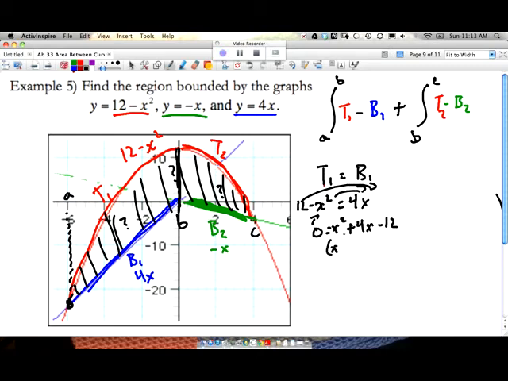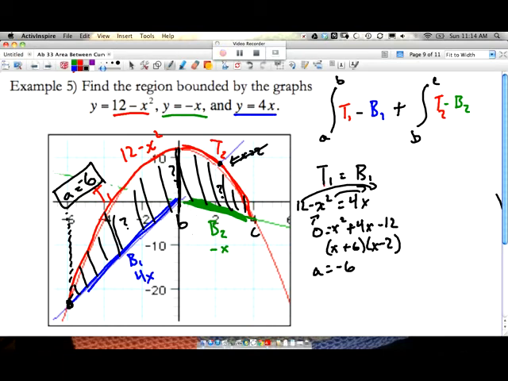Now if I were to factor that, I would have x plus 6 and x minus 2. Which is true, because look, right here there's another intersection at x equals 2, but that doesn't really matter. The one that does matter is negative 6. So in fact, a equals negative 6.